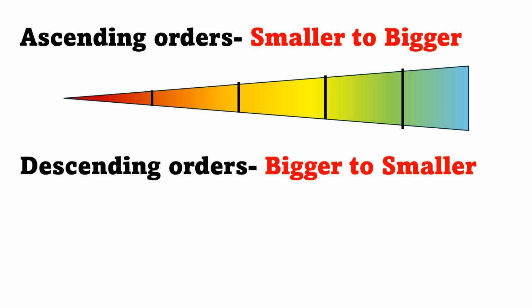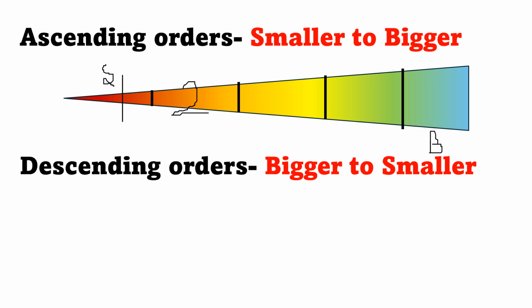Now let's name the red portion as the smaller one, and let's take the blue portion as the bigger one. So now let's put the numbers accordingly. In the smaller one we will put 1. Then in the orange one we will put 2 because 2 is bigger than 1.